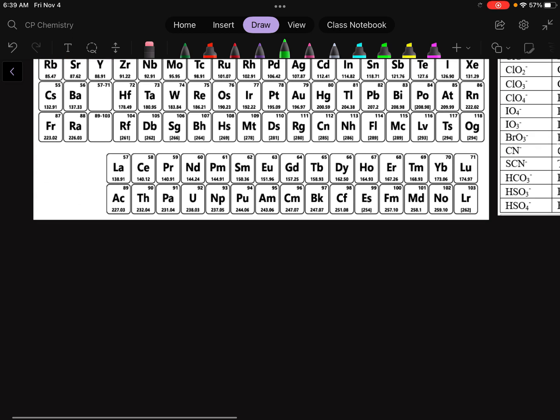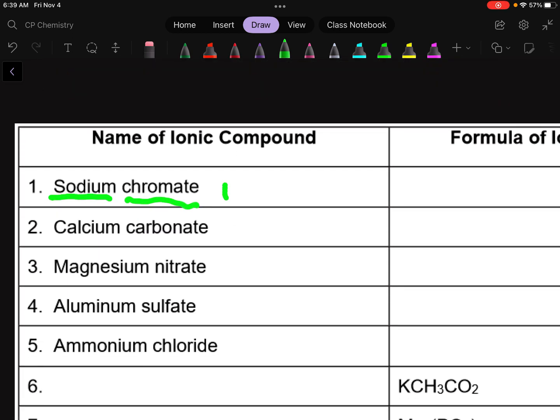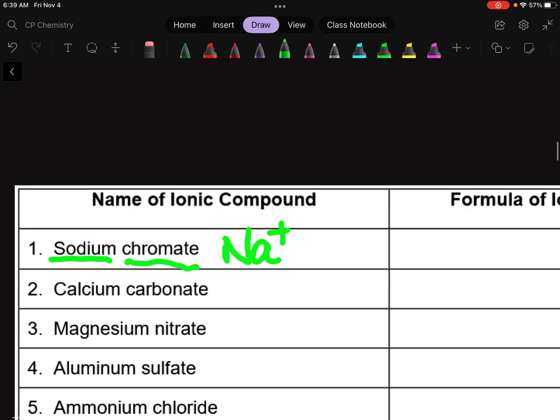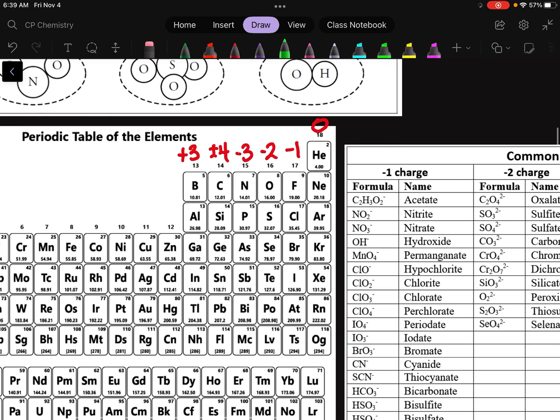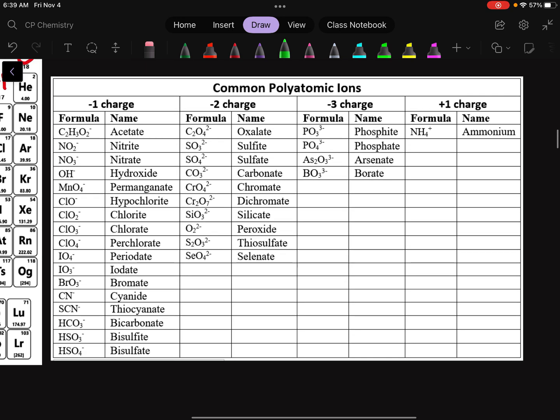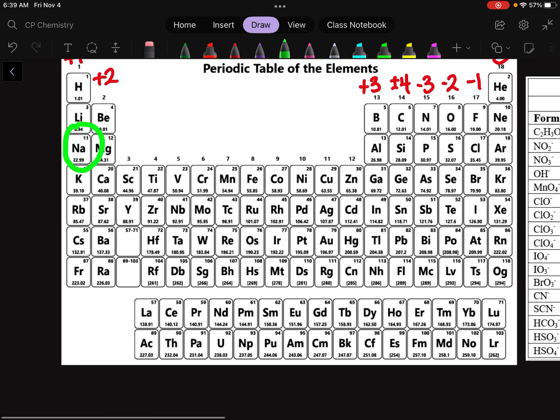Sodium gets a +1 charge, so Na with a plus. And then chromate is polyatomic, and we can locate it on our list, and it is right here. It's CrO4, and it's got a -2 charge.